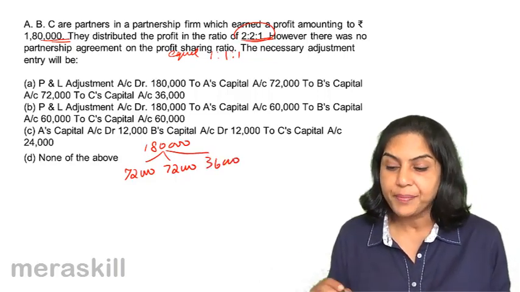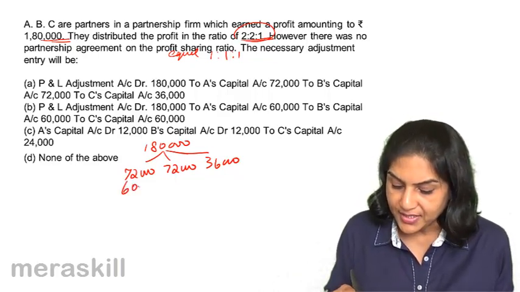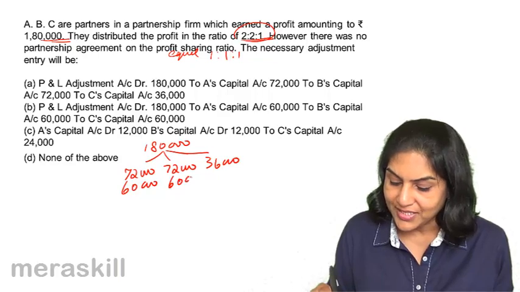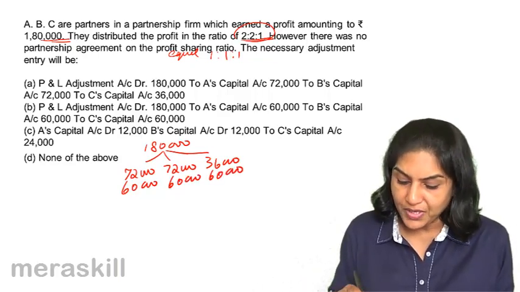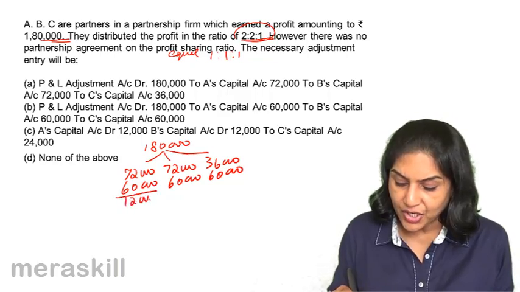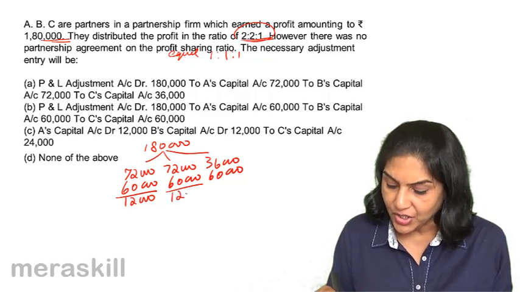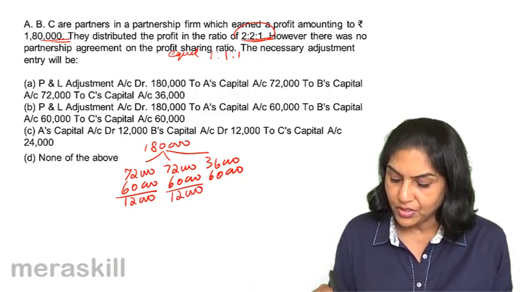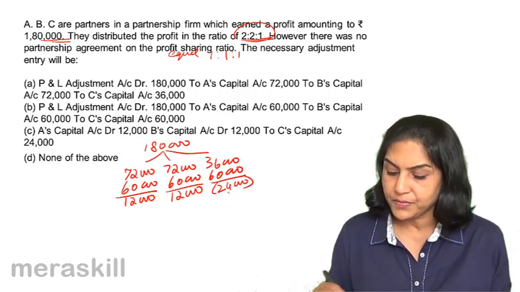How should it have been distributed? It should have been distributed as 60,000, 60,000 and 60,000. Which means A has got extra 12,000, B has got extra 12,000 and C has a shortfall of 24,000.